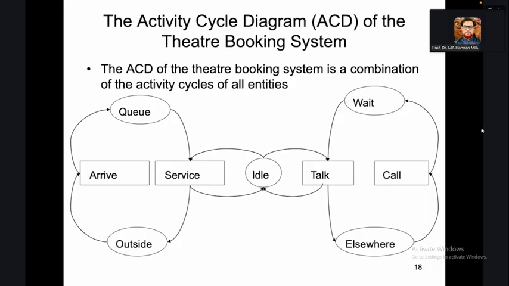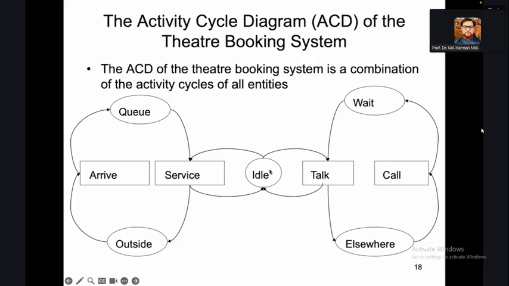So an active state. After arrival in the queue, he is waiting in the queue, dead state, and starts talking to the booking clerk. So both are engaged in a service. So the active state starts, service is done, he is outside again.